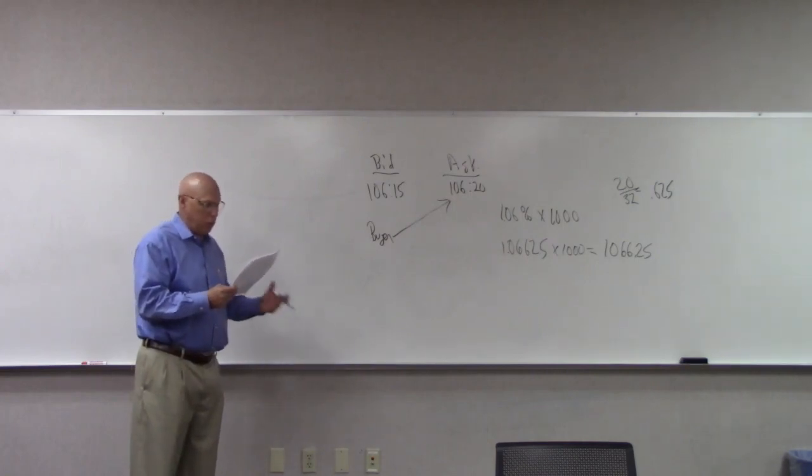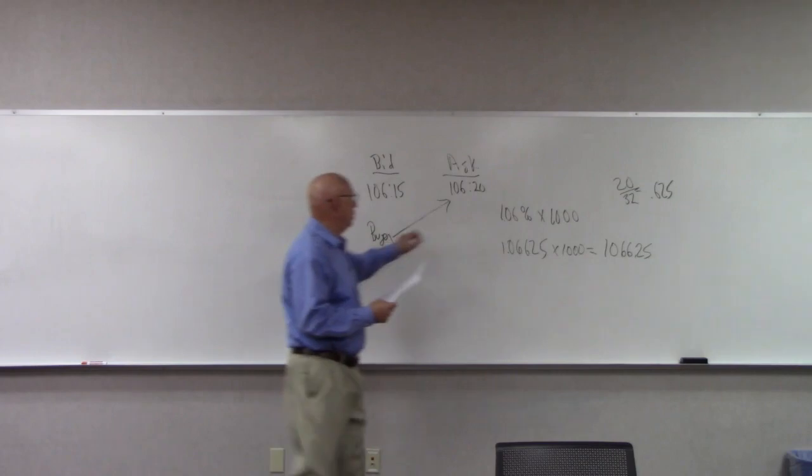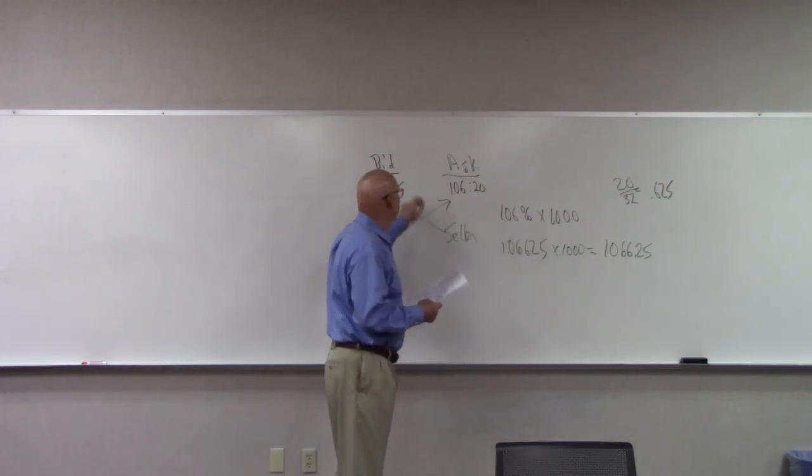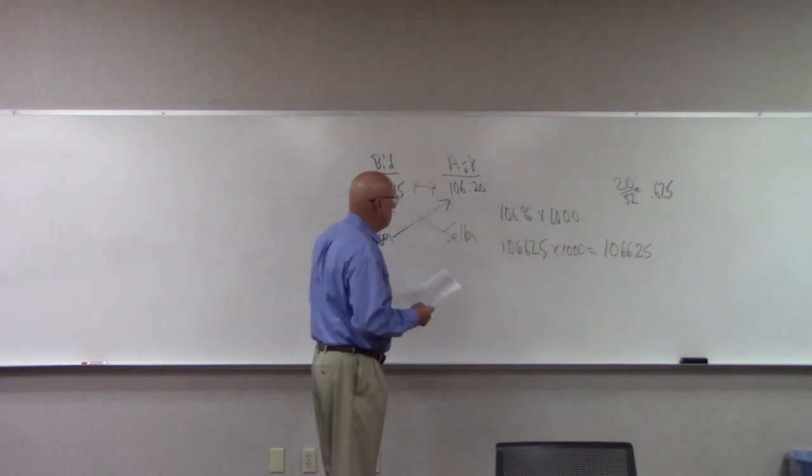If you want to sell the bond, what dollar price will you receive? Well, the seller will receive the lower price. The dealer gets what's in between. It's the spread. Okay?